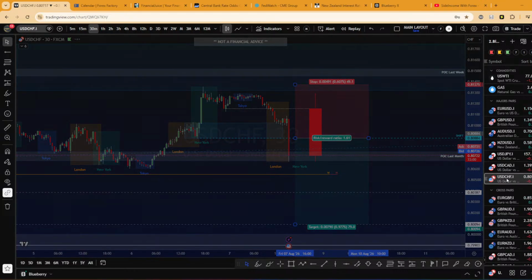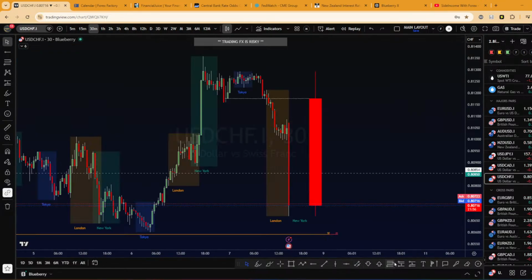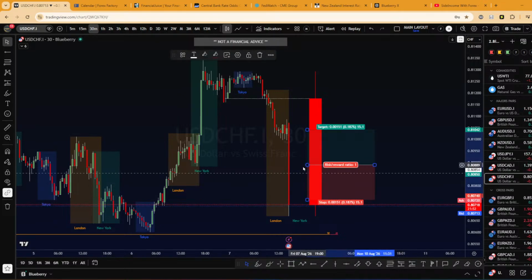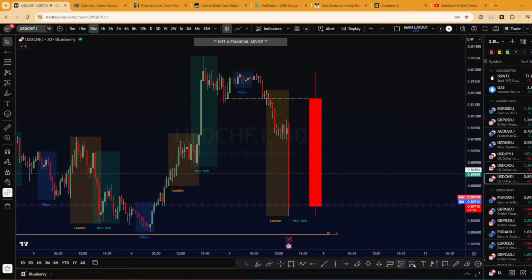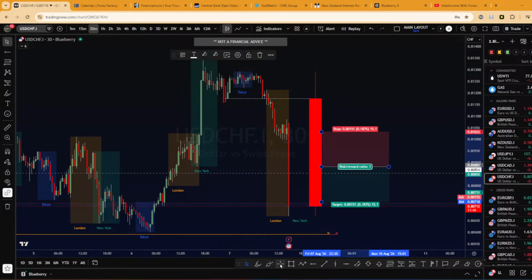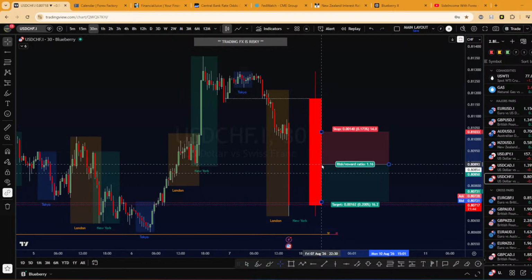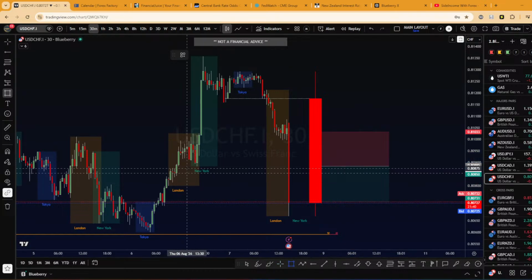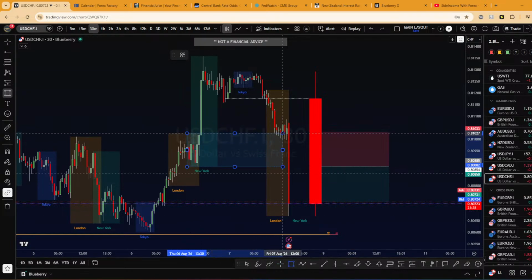This is where I will put my entry, somewhere here, below this other block.